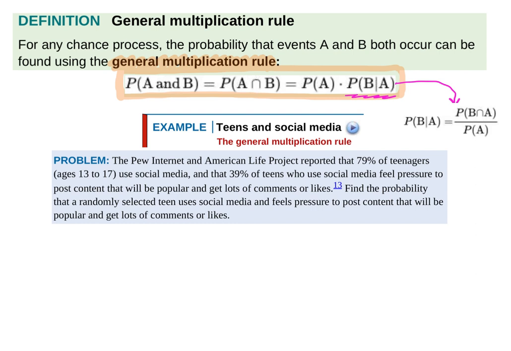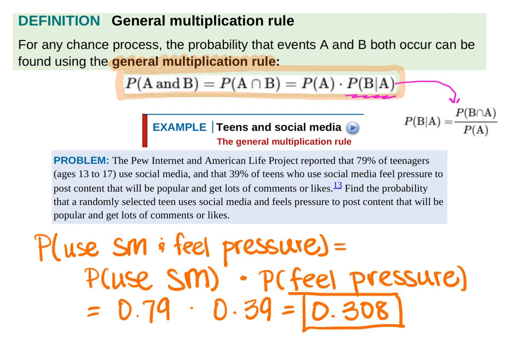So that's event A, a teen that uses social media, and they feel that pressure to post content that will be popular. So let's figure out what that would be algebraically. Based on the name of this rule, the general multiplication rule, you take these two known quantities, 79% of teenagers that use social media, and the 39% of those 79% that feel that pressure.